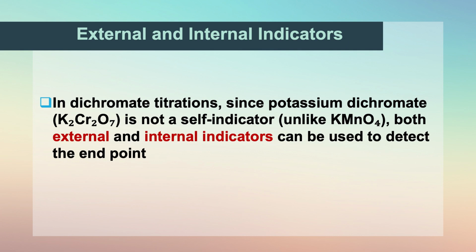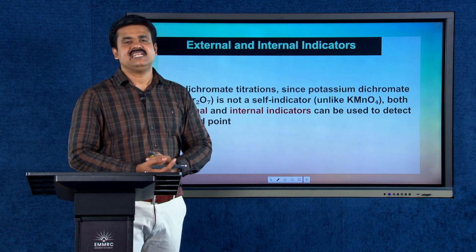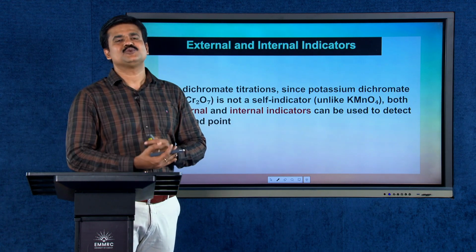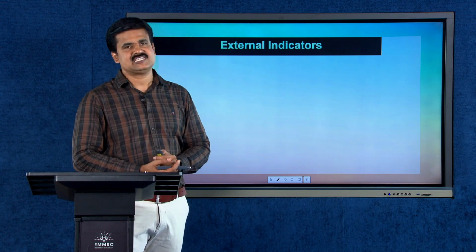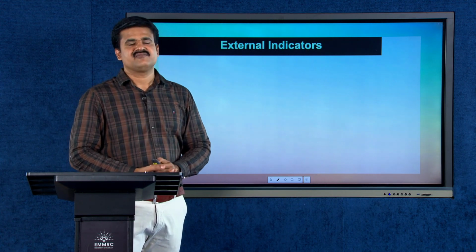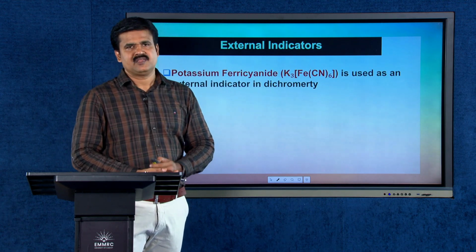We can use either of these to find out the end point in dichrometry. That is, external and internal indicators can be used to detect the end point in dichromate titrations. Out of which we are discussing external indicators first.